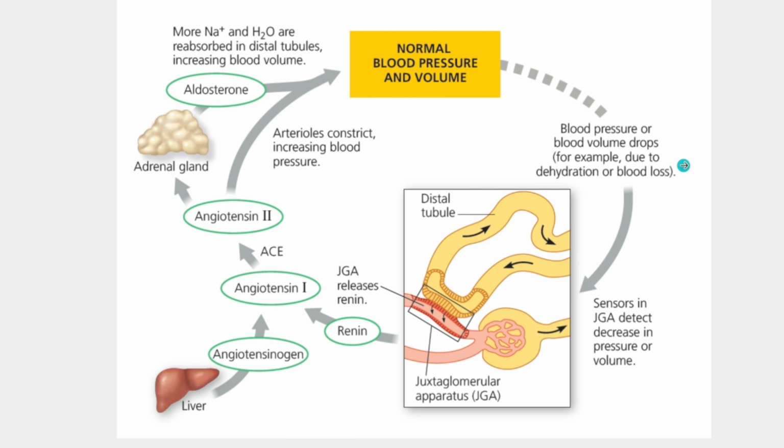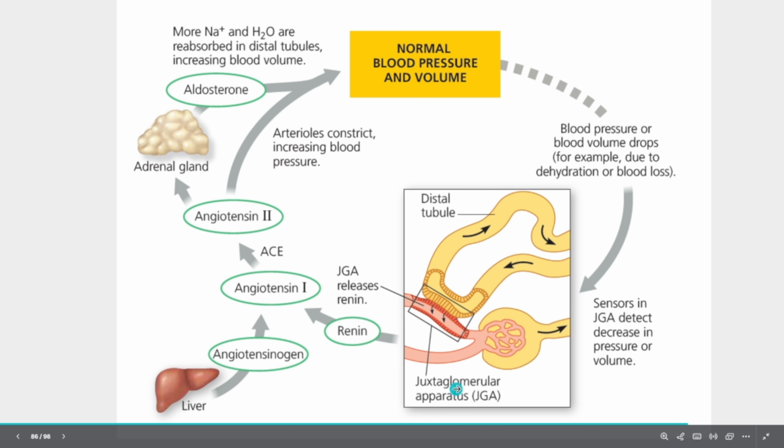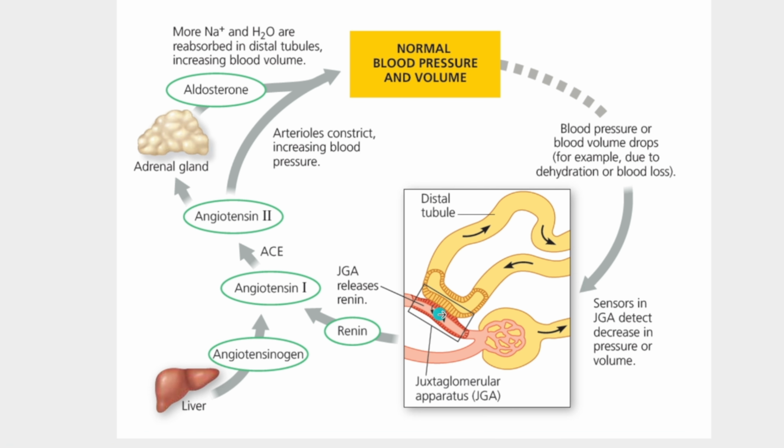So the RAAS responds to a decrease in blood volume or blood pressure, and ADH responds to an increase in blood osmolality. Actually, you can say it is simultaneous. If blood osmolality also increases, ADH and aldosterone can be secreted at the same time. But aldosterone focuses more on when blood volume and blood pressure decrease. The RAAS involves the JGA, the juxtaglomerular apparatus, which is normally located at the distal tubule.